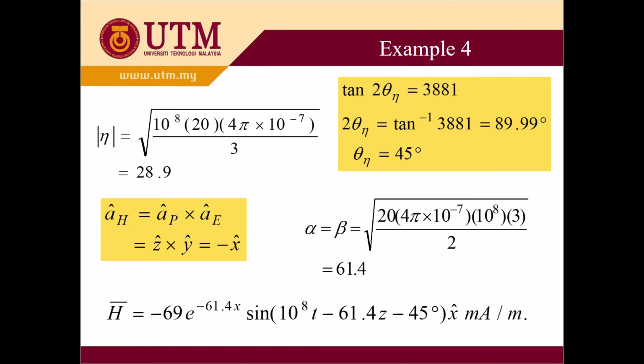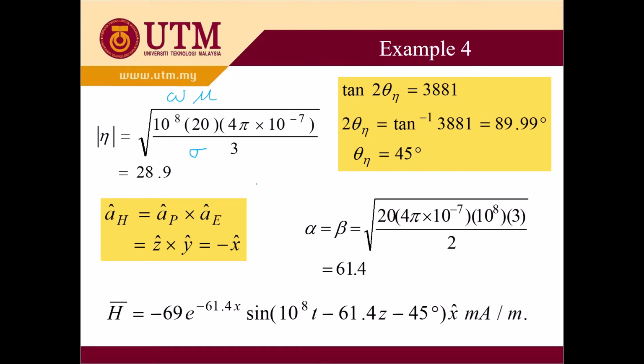So how do we calculate the intrinsic impedance? The magnitude equals the square root of omega mu divided by sigma, which equals 28.9.